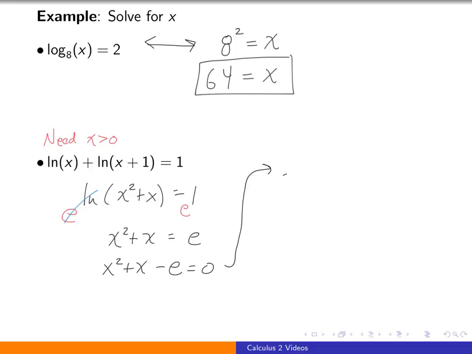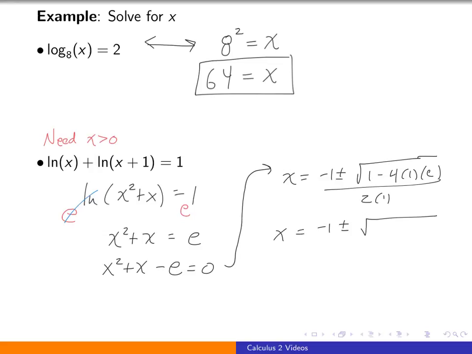By the quadratic formula, we have x is equal to minus b plus or minus the square root of b squared minus 4ac, all over 2 times a. So we would have x is equal to minus 1 plus or minus the square root, and note that this was really a minus e in here, square root of 1 plus 4e, all divided by 2.